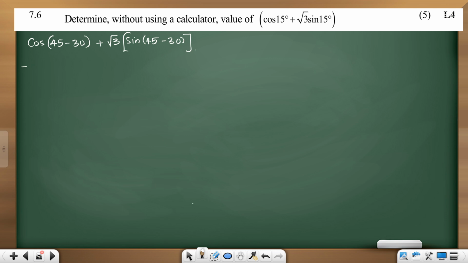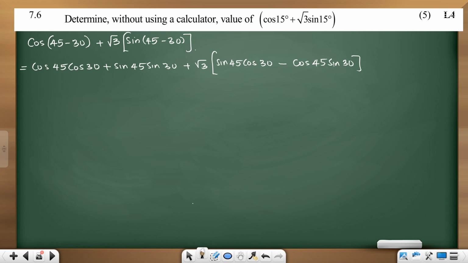Right. Then what do I do? I use my compound: cos 45, cos 30, plus.